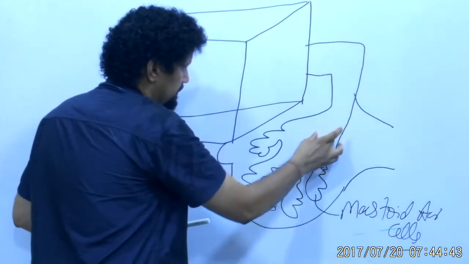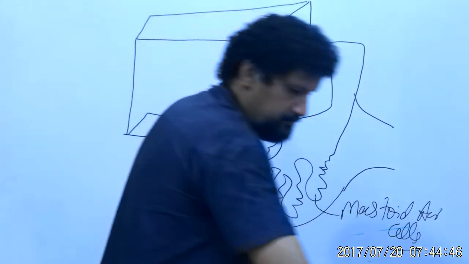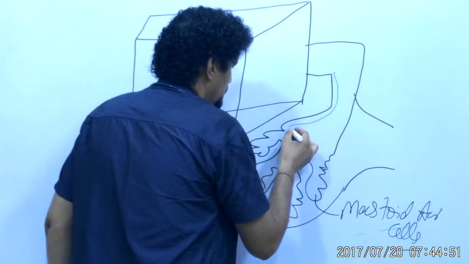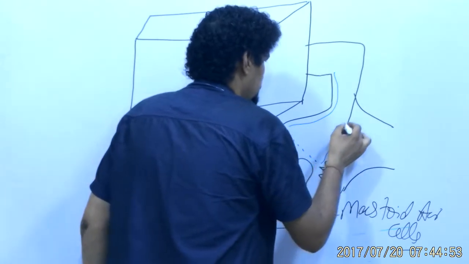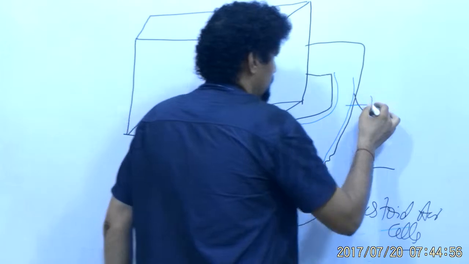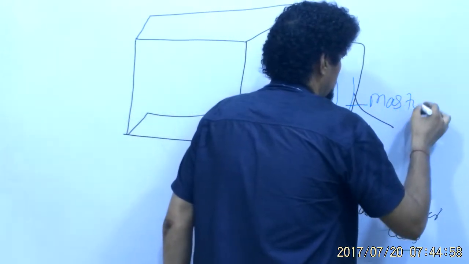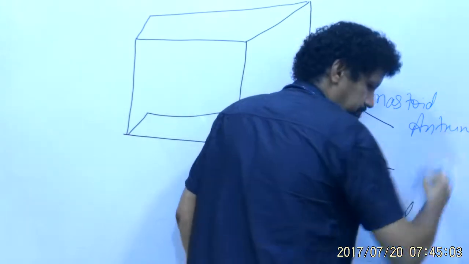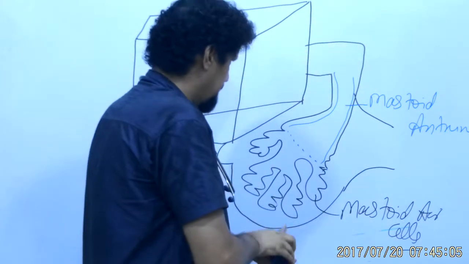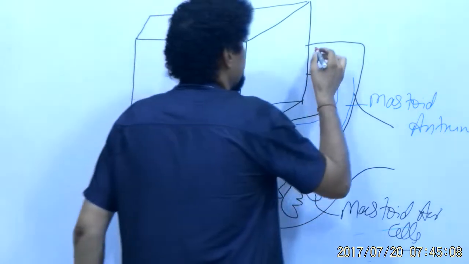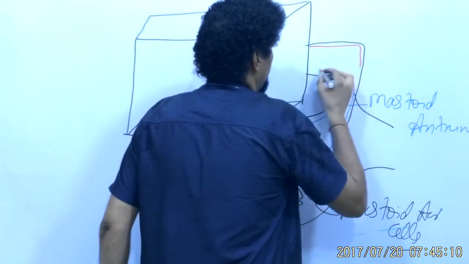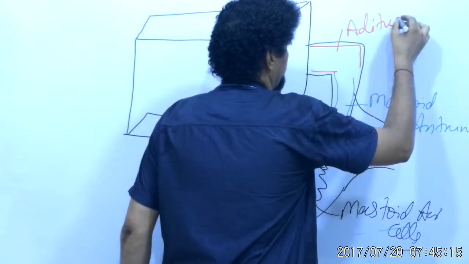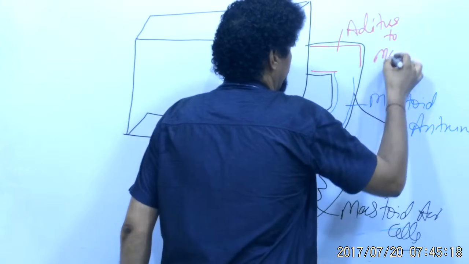This is the mastoid antrum. And this is the aditus to the mastoid antrum.